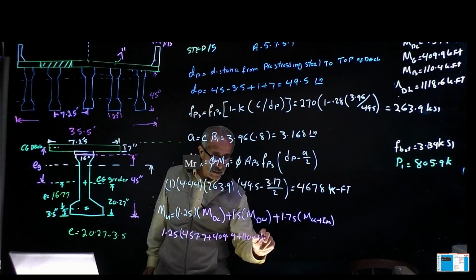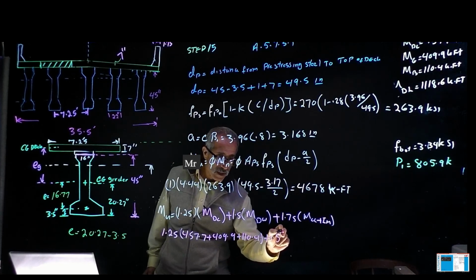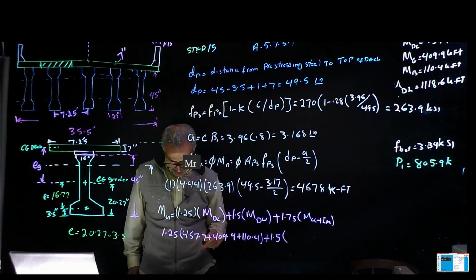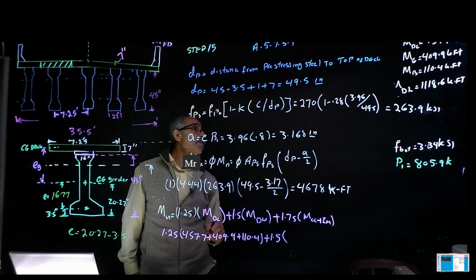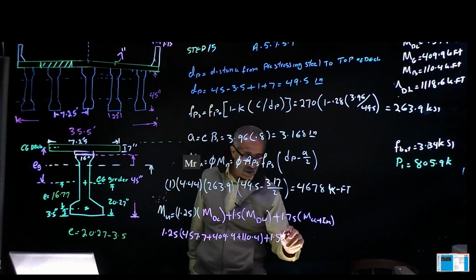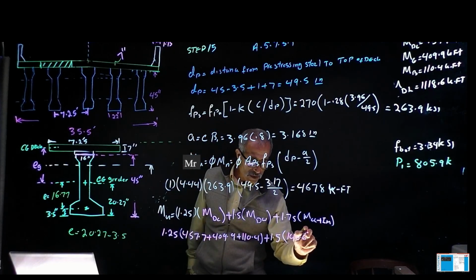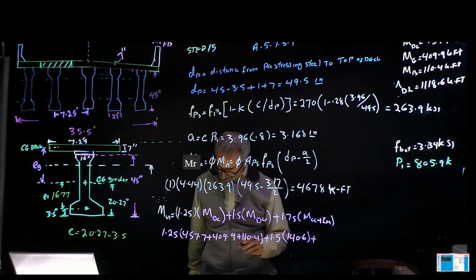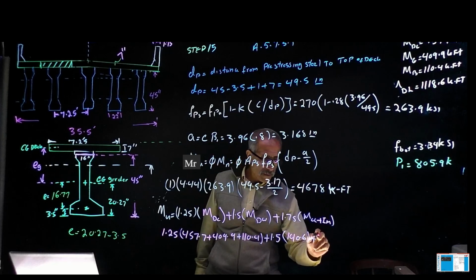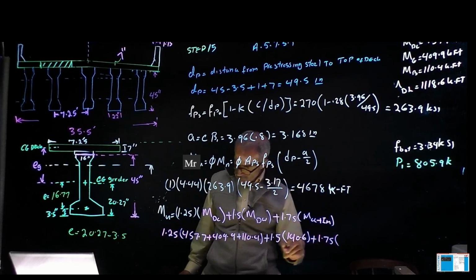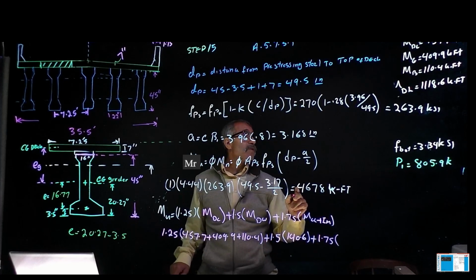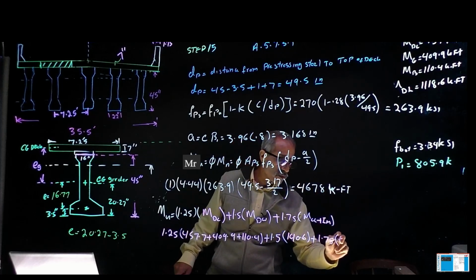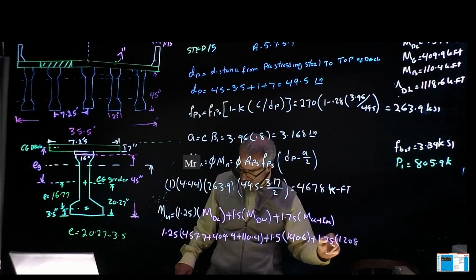Then plus 1.5 times M_DW, and that was 140.6, which I erased. 140.6, and then we have plus 1.75 times, it was up there, 1208.8.